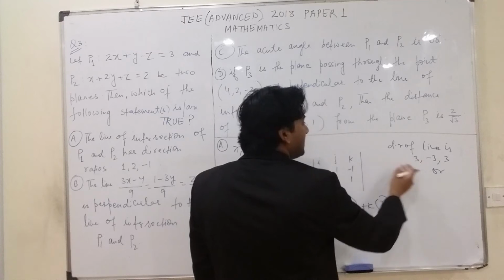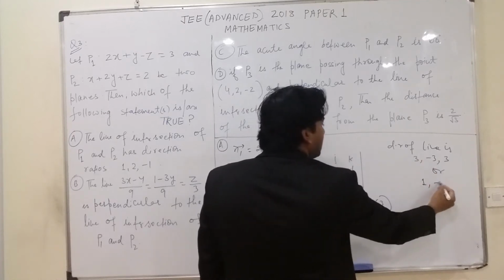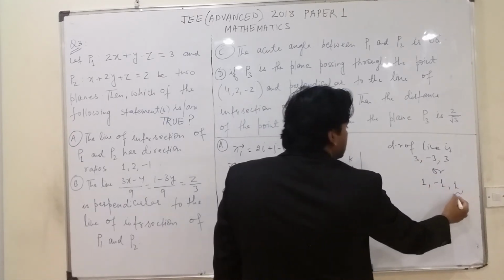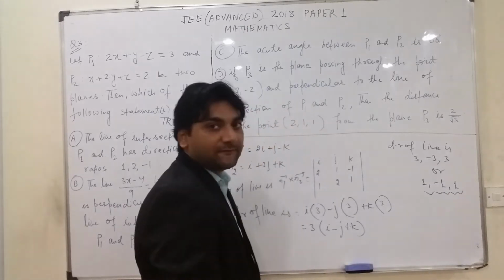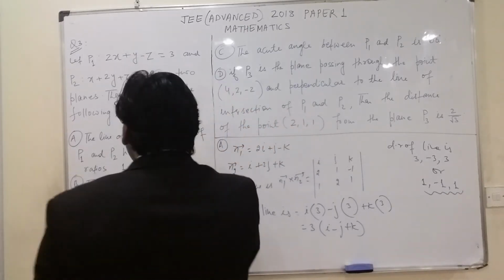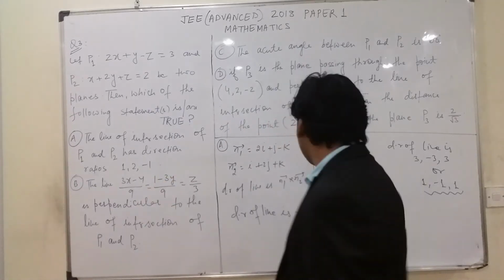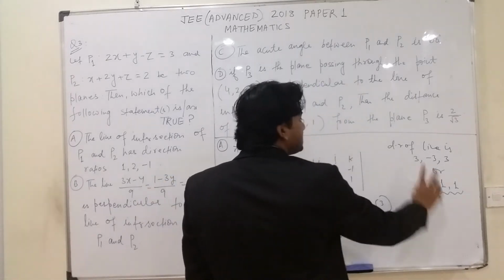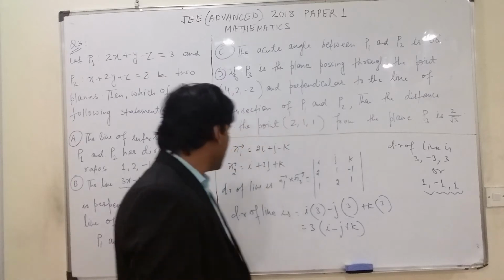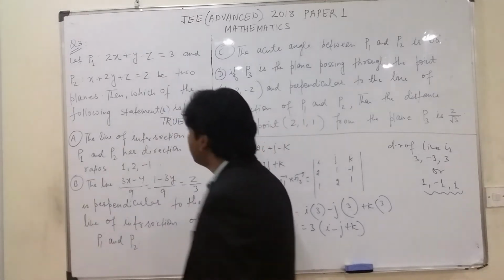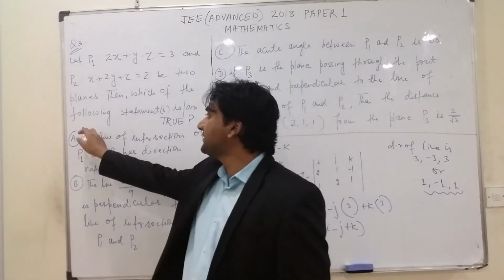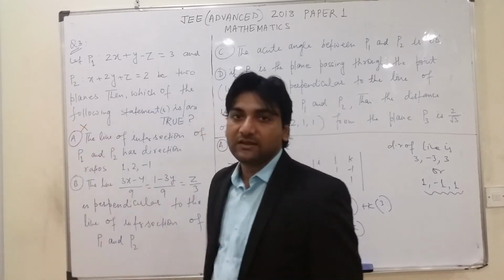If you take 3 common, then what will you have? 1, minus 1 and 1. So this is your direction ratio of the line. But what is the option? The direction ratio is 1, 2, minus 1. But what we got is 1, minus 1 and 1. It means option A is not true, option A is false.